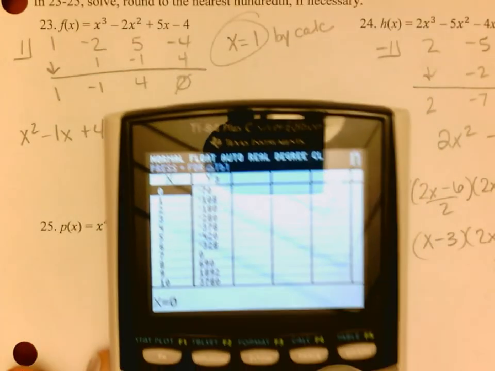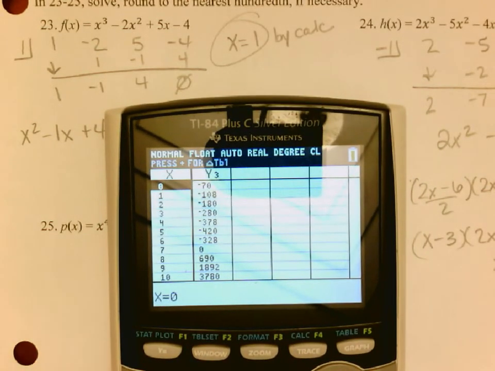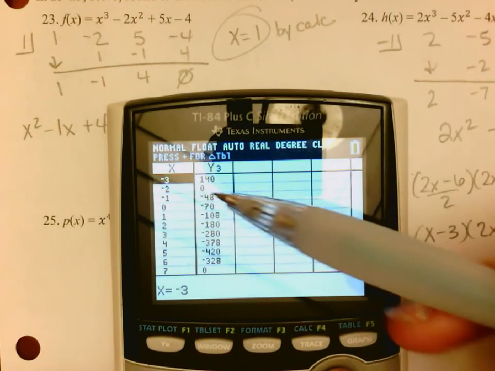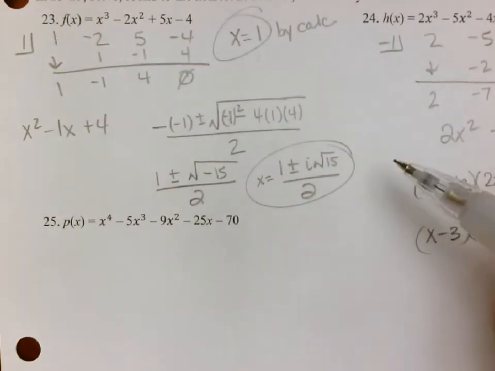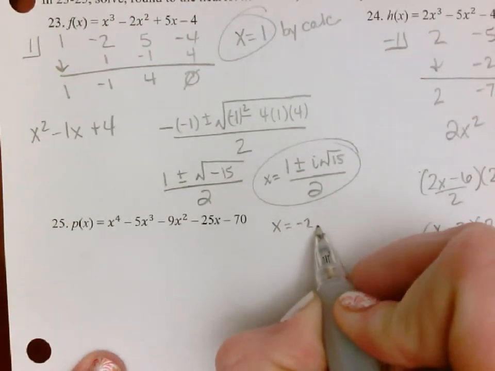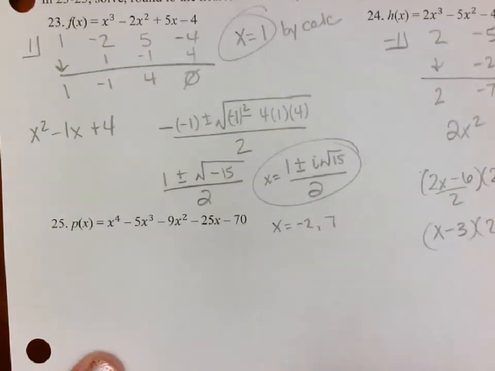So looking at it, I know 7 is an answer because it says 7 is 0. So that's one I could choose, or I could choose negative 2. So on my calculator, I know x equals negative 2 and 7 by calculator.